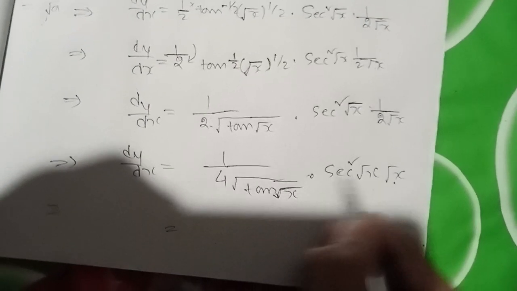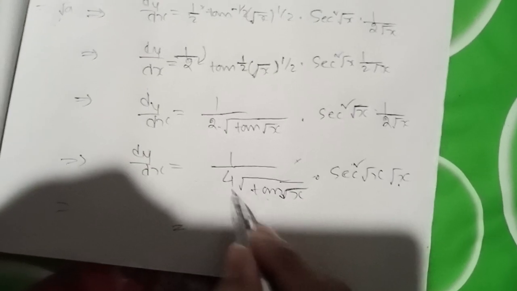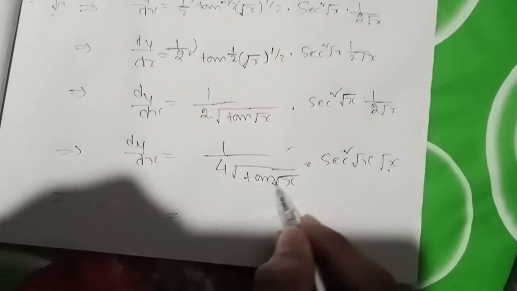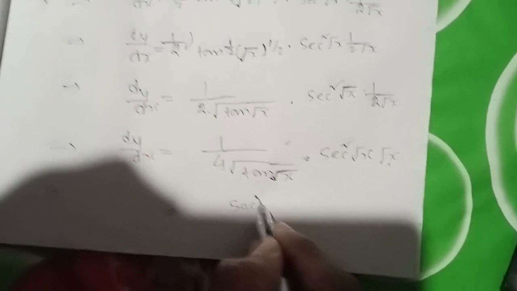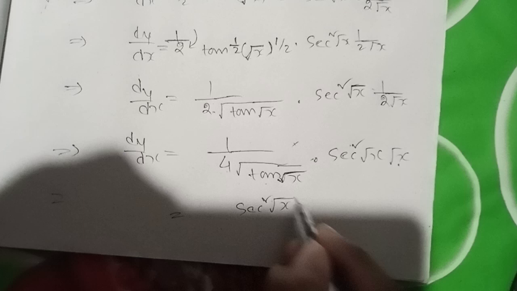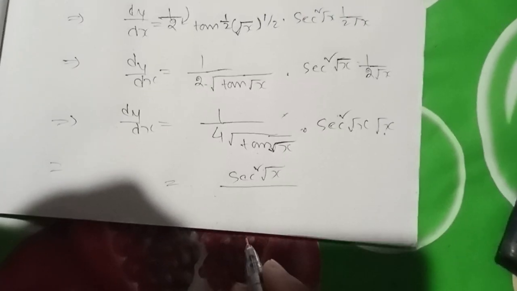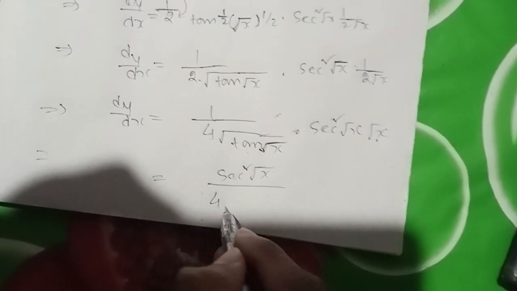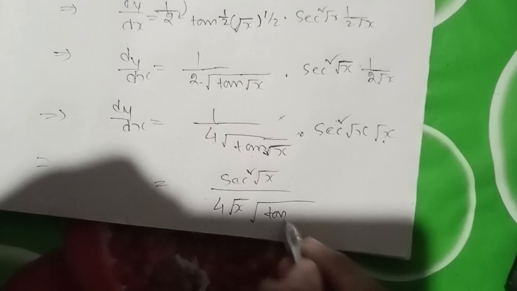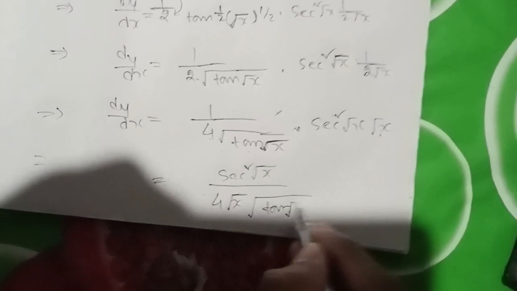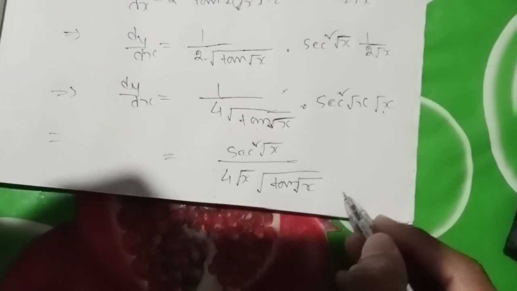This sec square x is multiplied with 1, not 4 under root over tan, the angle root over x. So we can write sec square under root over x, and in the denominator 4 into root over x, and under root over tan x, and this is your final answer. This is the required answer.